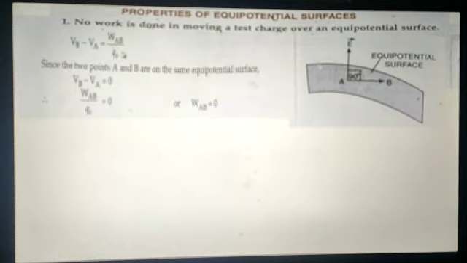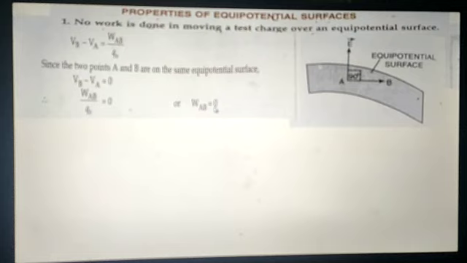Since the potentials of points A and B are the same, VB minus VA will be 0. It means WAB by Q0 will be 0, so WAB is 0.